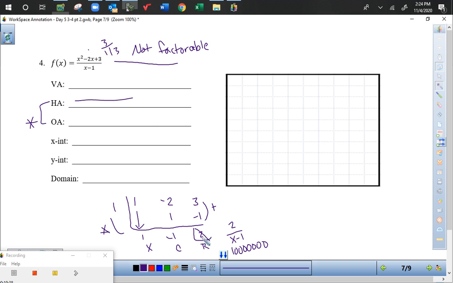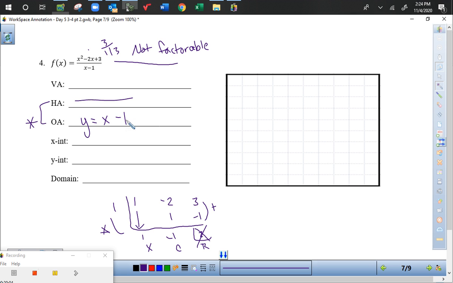This whole remainder, in the end, where x is increasingly large towards infinity, goes away. It's practically 0. So we'll always cross out the remainder when we do synthetic division. But this represents the equation of our oblique asymptote. It's the equation of the line. We write it as y equals, I said this was the slope, so 1x or just x, and our constant was -1. And that's it.